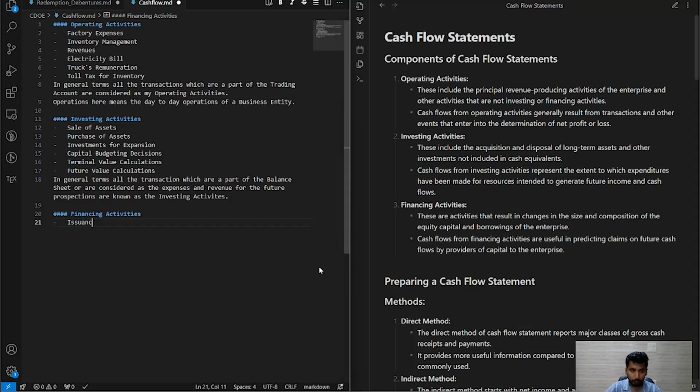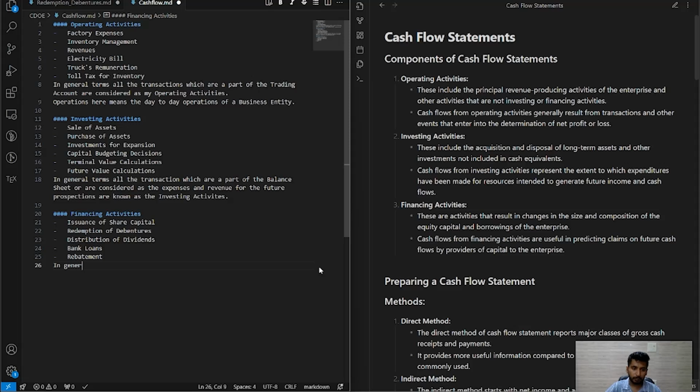For example, issuance of share capital, redemption of debentures, distribution of dividends, bank loans, debt. These all are a part of the financing activities.